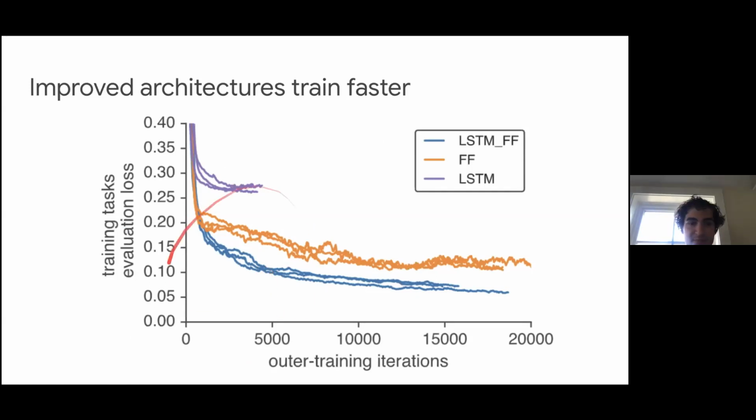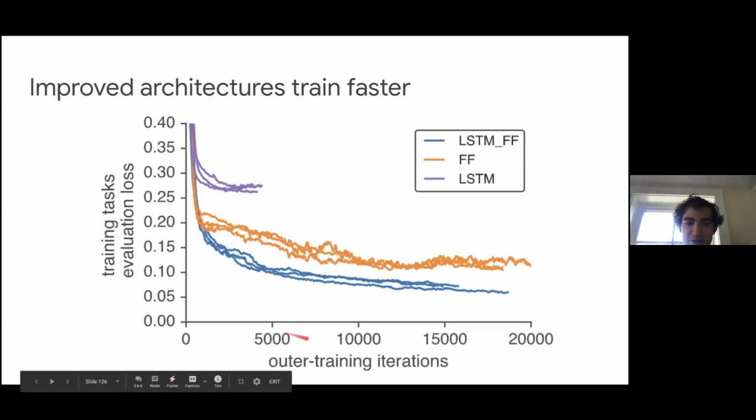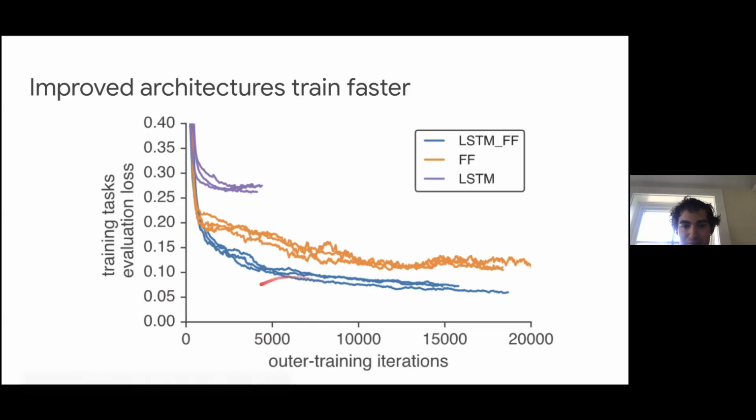This plot is a training curve of learned optimizers, with outer training iterations on the x-axis and the evaluation losses on the y-axis. We find that, unsurprisingly, this hierarchical model performs better. This might not look like a huge gain, but if we look at 5,000 steps, it would take roughly 15,000 steps to reach that same point. So these optimizers are training roughly 3 times faster.